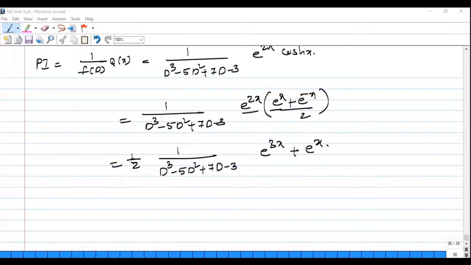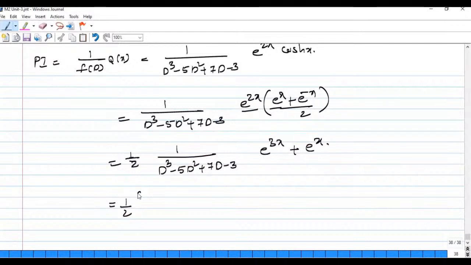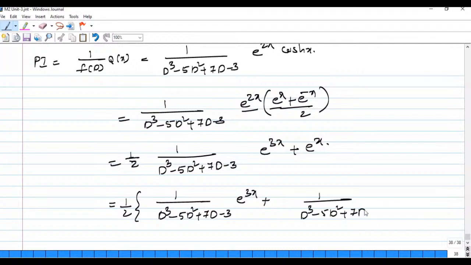So it is equal to 1 by 2 common. Separate these two terms: 1 by D cube minus 5D square plus 7D minus 3 into e power 3x plus 1 by D cube minus 5D square plus 7D minus 3 into e power x. Put D equal to 3 in the first term.